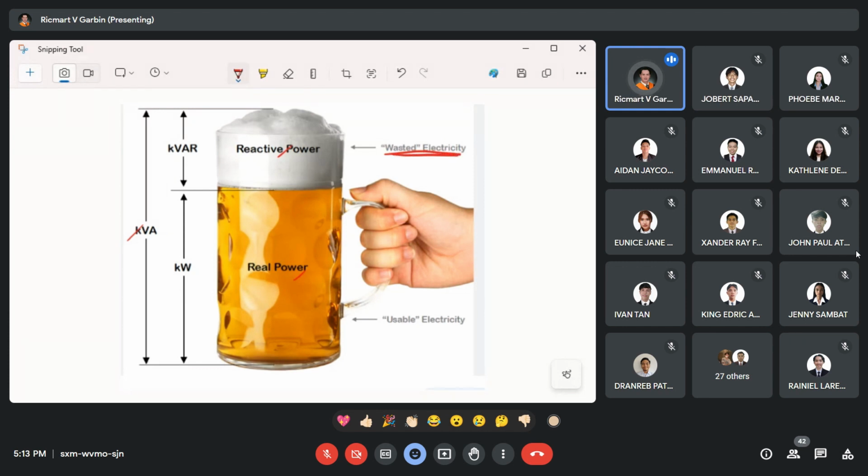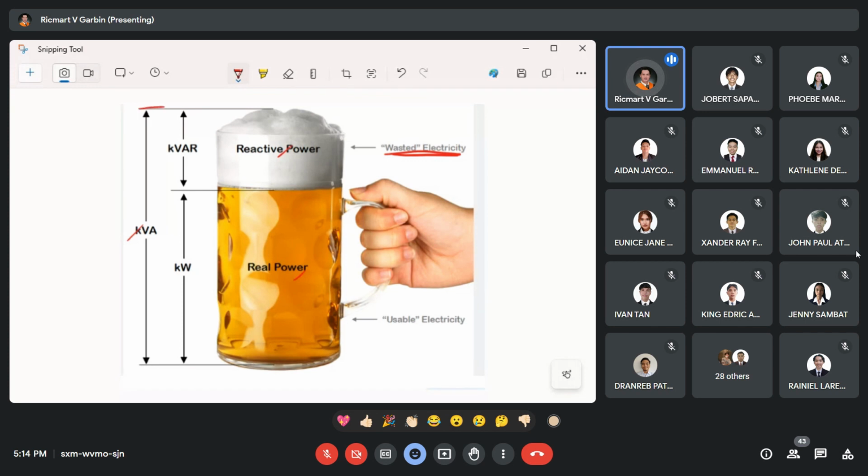So, ibig sabihin, pagtaas ng reactive power, pagbaba din ng magiging real power natin, kasi hinahati lang naman yan. So, hindi efficient. Dapat, ang mangyari is mapababa natin yung reactive power para kakaunti yung wasted electricity natin.